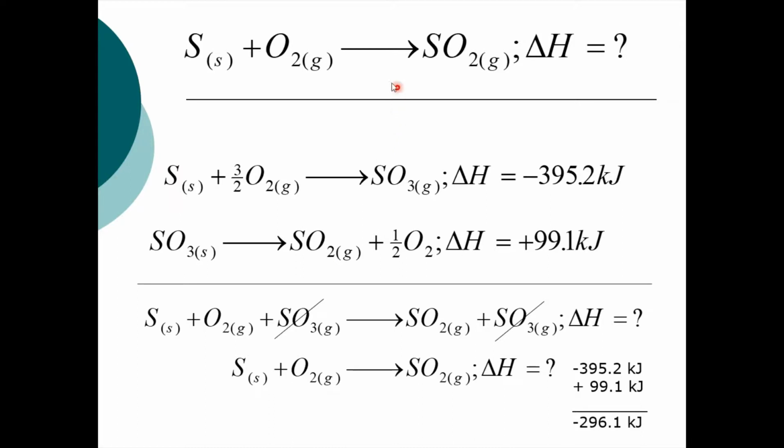You will see later on from some of the sample problems when you'll decide to multiply by a number. This one, I decided to multiply by 1/2 because I needed the SO3 to cancel out with the SO3 here. And I also need only one SO2. The original problem had two SO2s on the left-hand side, so I needed only one SO2.